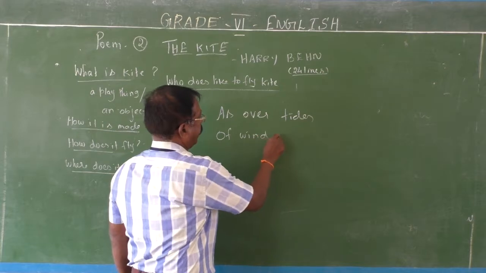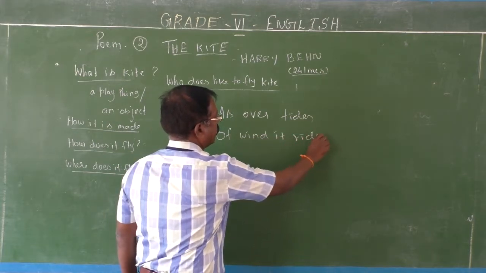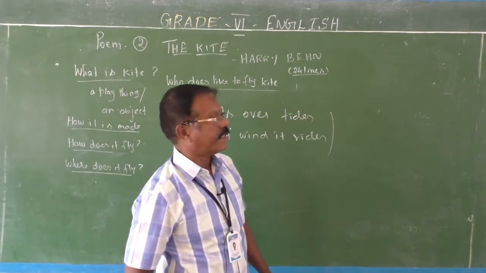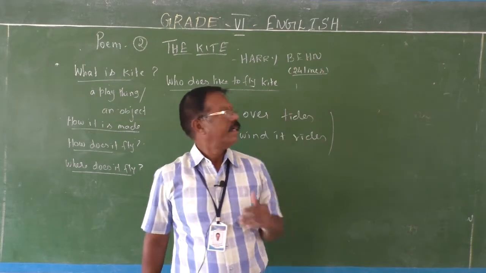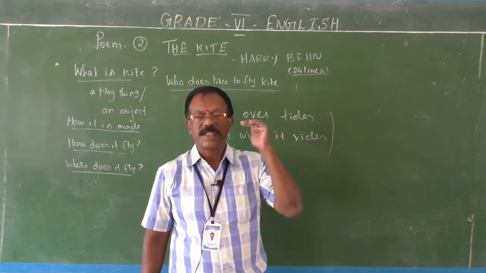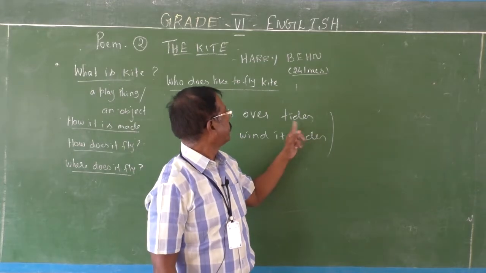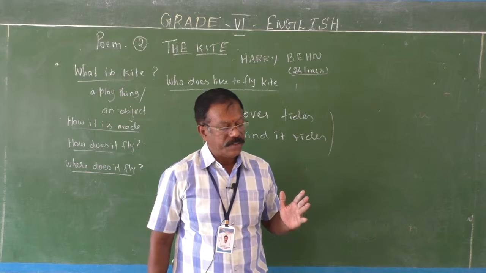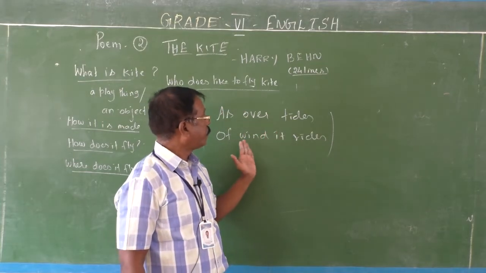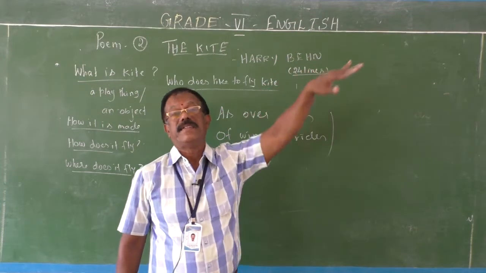Okay, over tides. How a ship moves? A ship rides, a ship sails on the tide, over the tides sometimes, and in the same way, over the wind the kite rides.